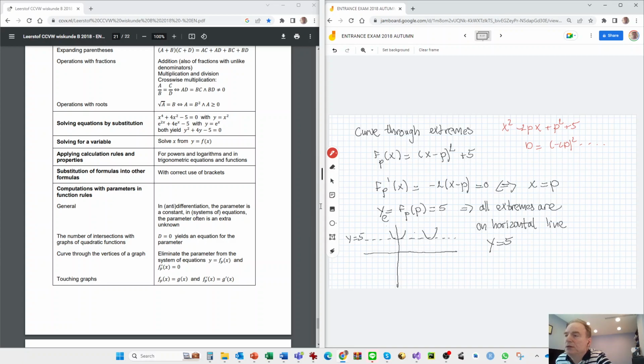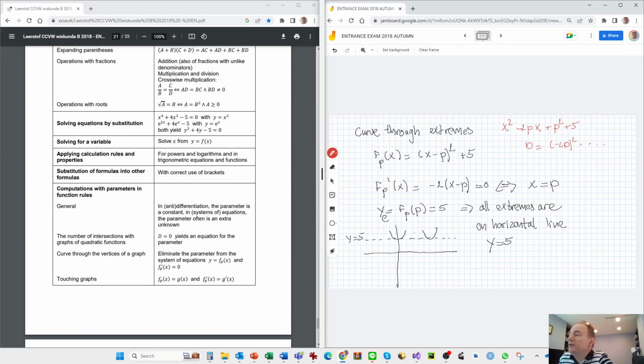So what you do is you set the derivative of this function to 0, and then you get an equation with p. So in this case, if I take the derivative with respect to x, I get that it's 0 when x equals p. And then if you substitute this back into the function, you always get 5.